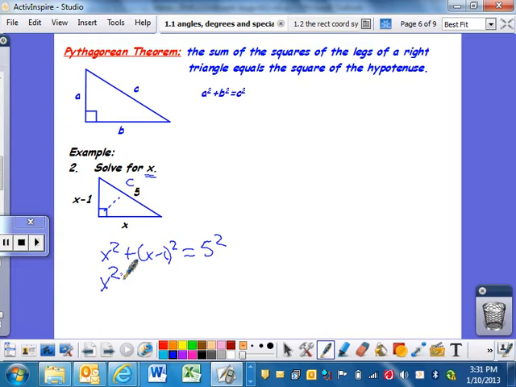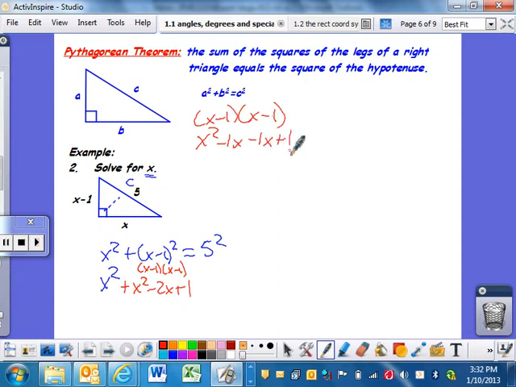Well, x squared is pretty easy, but how do you expand (x minus 1) times (x minus 1)? We've got to think FOIL. For some of you, you're like, oh God, here we go again. So that's how you expand it. If I expand this, you've got your x squared, then outside is minus 1x, inside is a minus 1x, and then negative 1 times negative 1 is a positive 1.